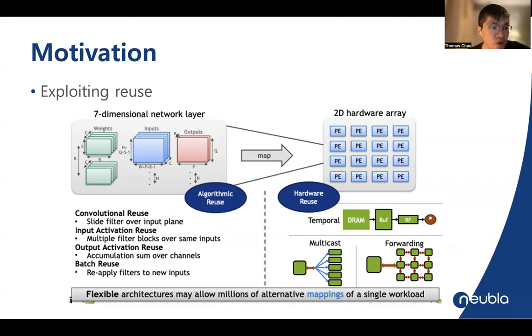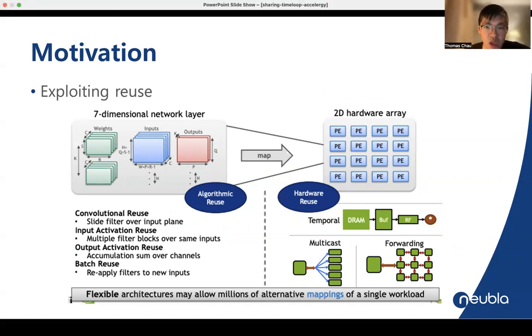Consider an example of a 7-dimensional network layer that we want to map to a 2D hardware array. On the algorithm side, there are several forms of reuse, namely convolutional reuse, input activation reuse, output activation reuse, and batch reuse. During mapping, we need to consider hardware reuse, which can be classified into two aspects. First, temporal reuse refers to fetching some data into a smaller storage.